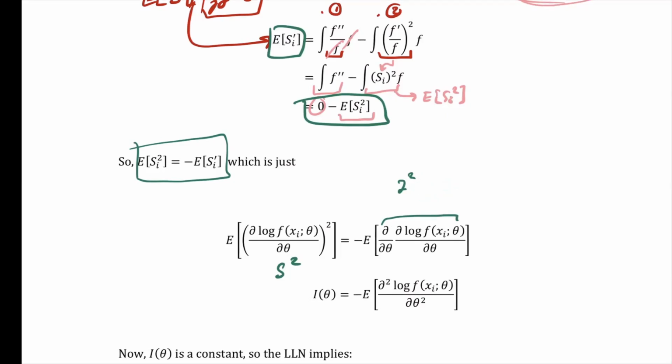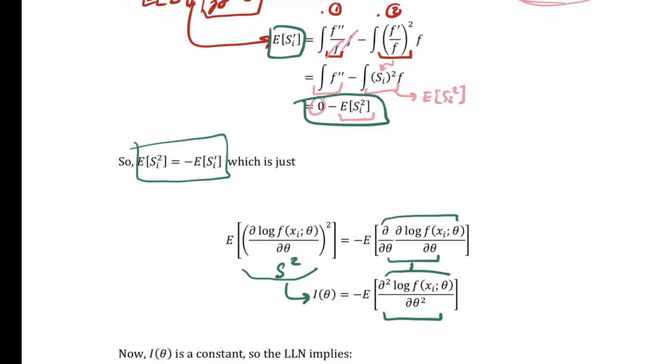Let's just try. It's right down here. This thing and this thing are the same. And this piece here is, of course, the information. So we have a shortcut now for calculating the information.